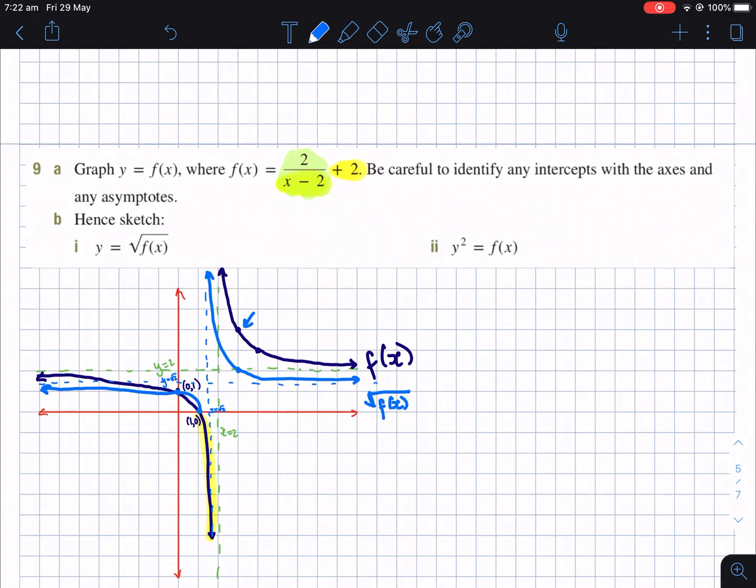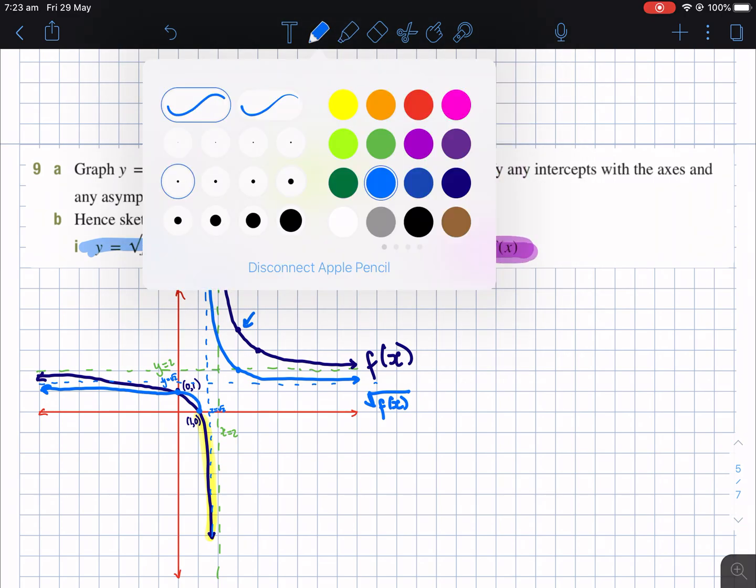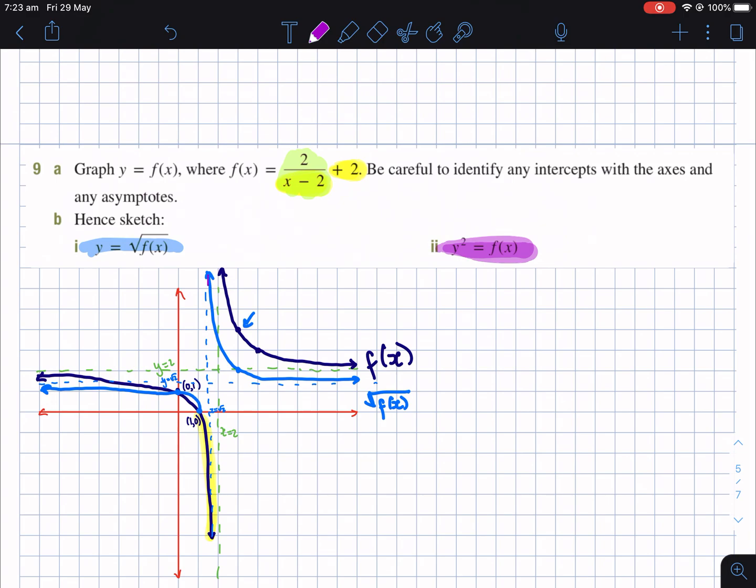Oh, and then obviously, that was the blue one. And now if I want to do y squared equals that, I've got that, and I've got this bit, and I've also got their reflections. So we'd have an asymptote at minus root 2.